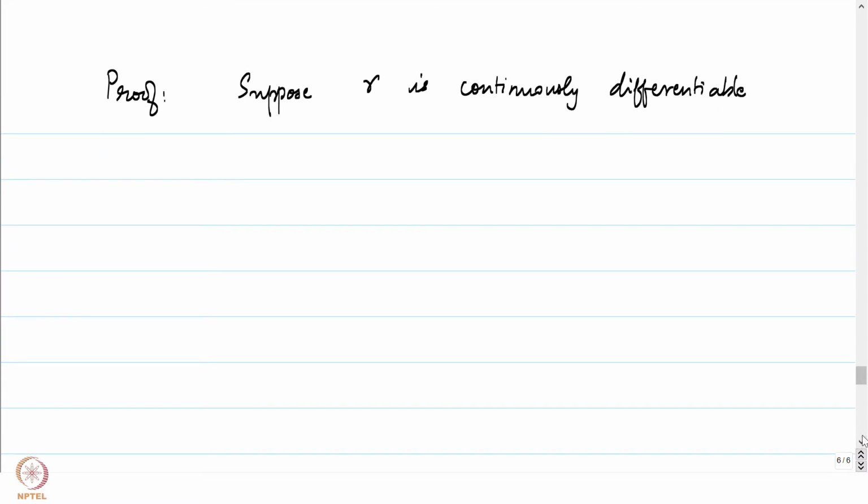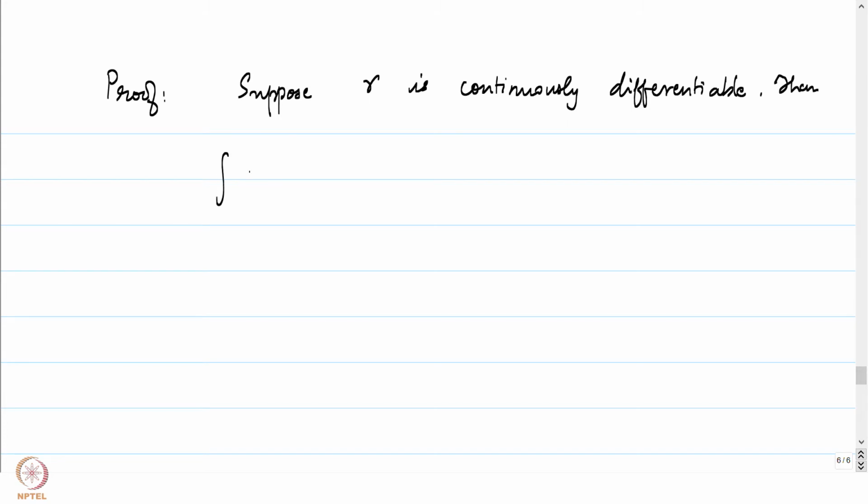In particular, let me write that part down. Suppose our curve gamma is having more regularity. Suppose gamma is continuously differentiable. Then what do we have? Then let's recall the change of variable formula that we had proved in the last lecture.